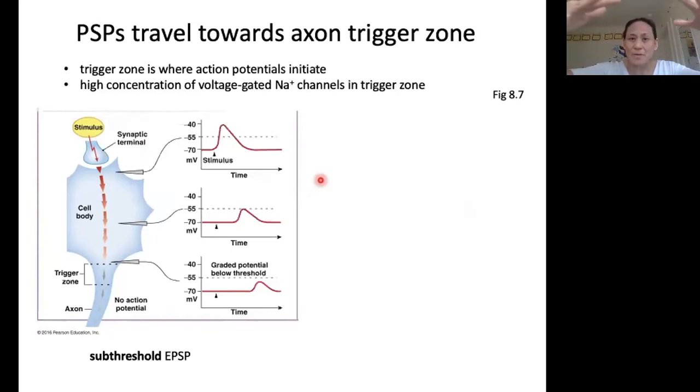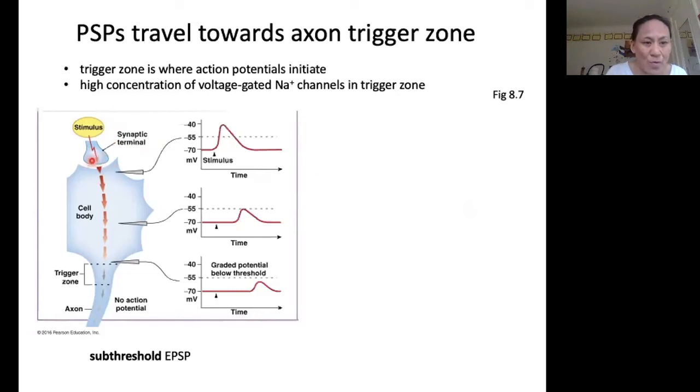So the PSP is being formed there. And I want to remind you that that's a graded potential. And I want to remind you yet again that graded potentials are going to degrade with distance. Okay, and that's what's shown here in this figure.